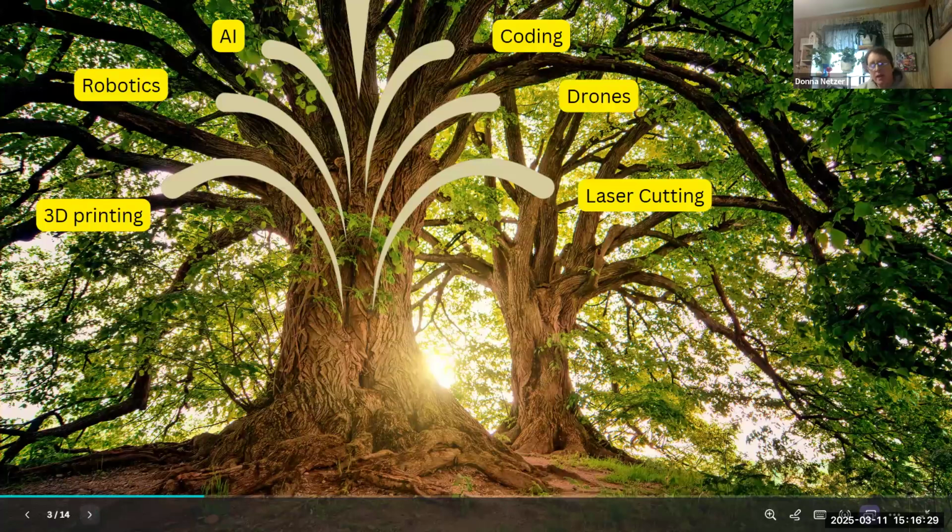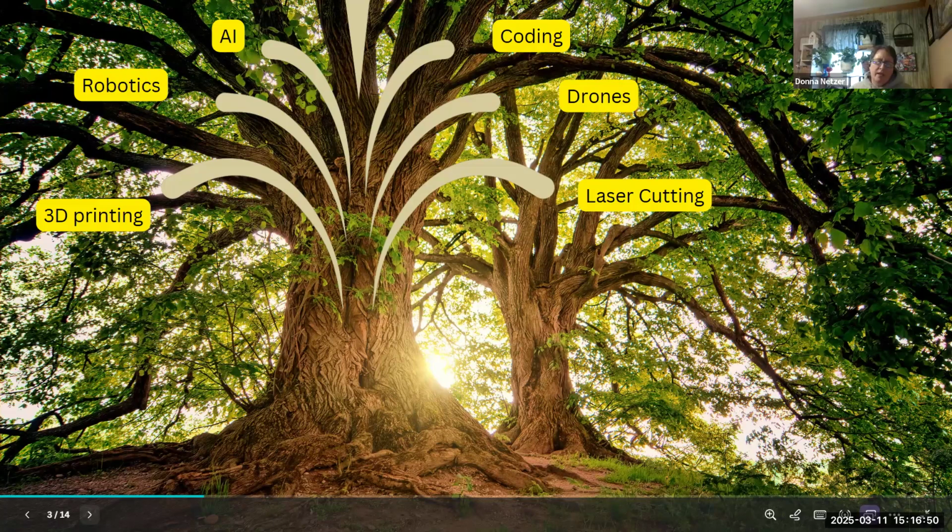What I'm showing on this screen is probably at least some of the ideas that you came up with, because what we see are the outward big major technologies in our classrooms and in education. They're the hot topics, and they can be intimidating. I'm not going to lie, and I'm a tech person.